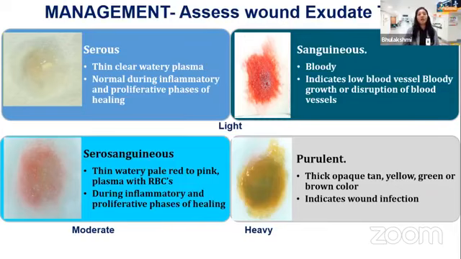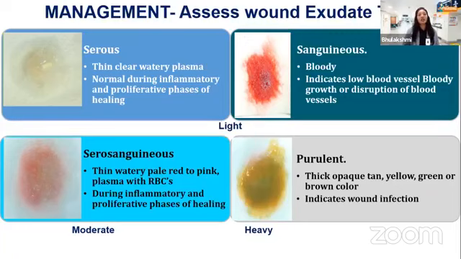So based on the exudate type, we can easily identify whether the wound is getting deteriorated or it is going to be healed. If it is in the healing status, then the wound can be in a serous or sanguineous state. Serous means we can see a watery plasma kind of fluid coming out from the wound. Sanguineous is a light bloodish color coming out of the wound.